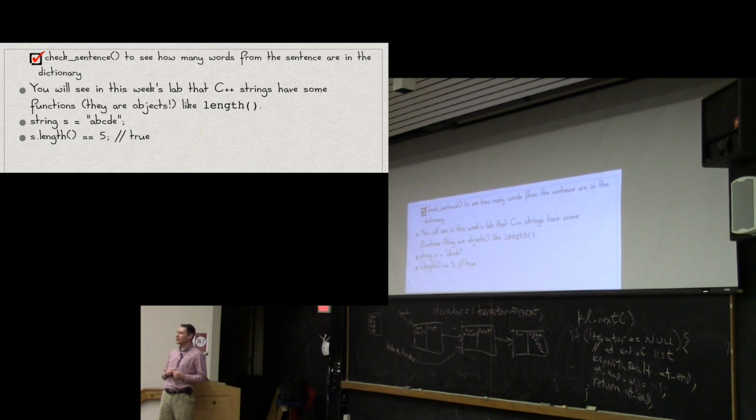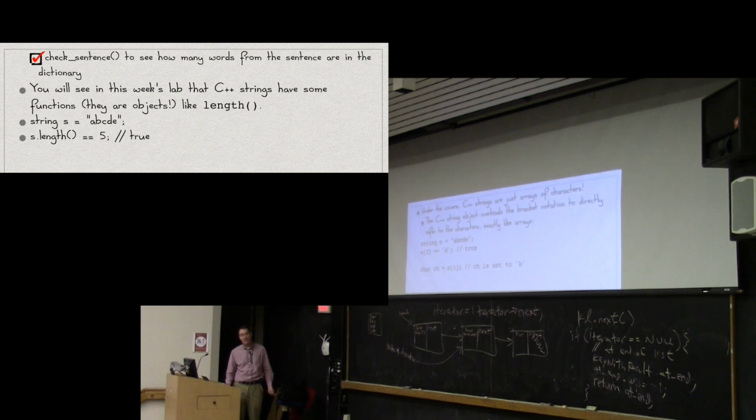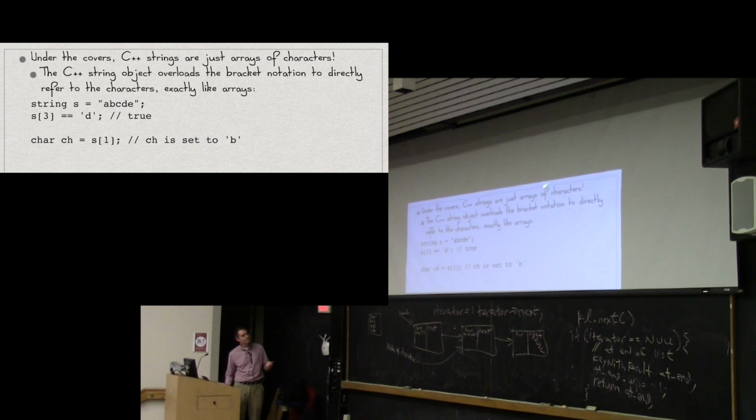What's cool about strings is that under the covers, they're just regular old character arrays. But they have functions in them. The character arrays are dynamic arrays, and they have their own expand function. They have everything they need to do that. C++ actually is really nice.